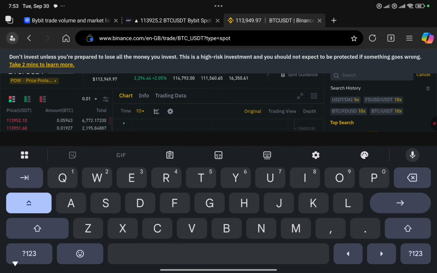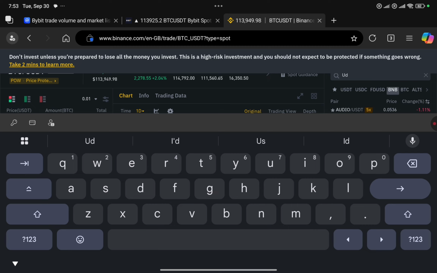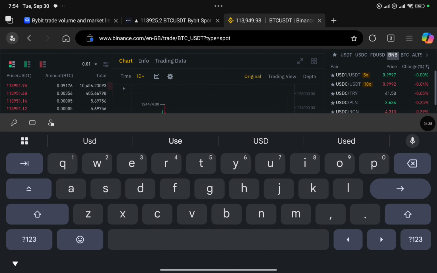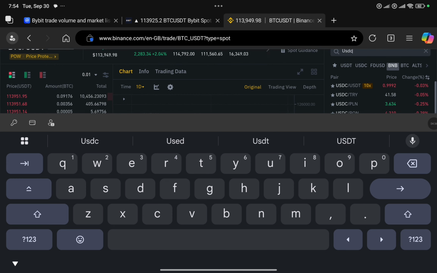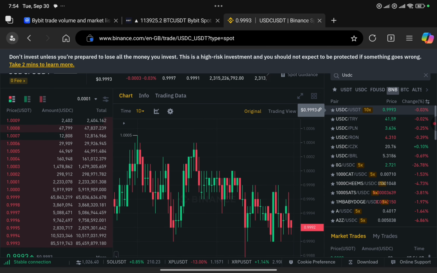So if you come to a platform like Binance and type USDC, once you do that, you're going to see that there's actually an asset called USDC. Now, this asset exists in Binance, right?